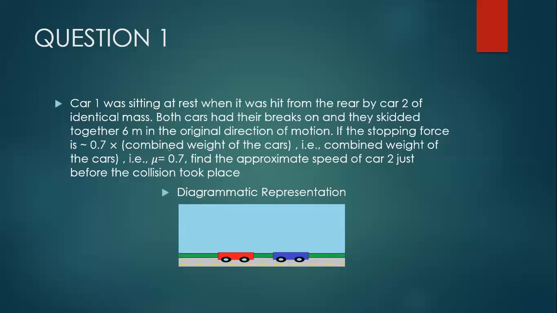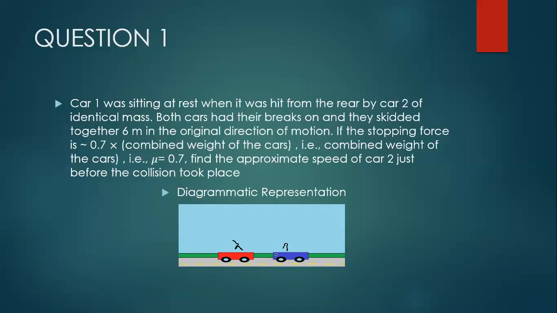Awesome. So now you understand what the question is saying? Okay, so the question is talking about, I've even drawn here, let's call this one car 2, and this is car 1. Car 1 is at rest, just there.